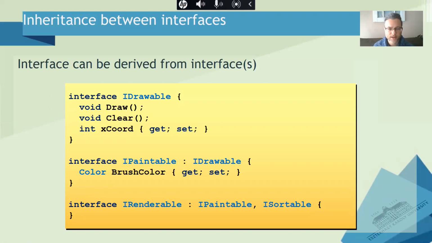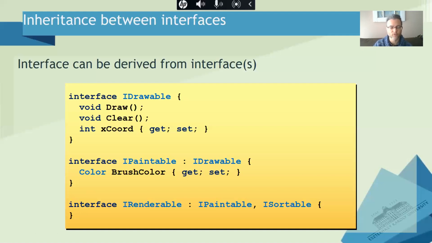Just imagine you are implementing a drawing application, a graphical application. Inside this application, you need a functionality, a drawable, because you want to draw some shapes on the screen. So let's create a drawable functionality definition, an interface which can draw itself and clear itself, and just as an example, I've put a property here as well.